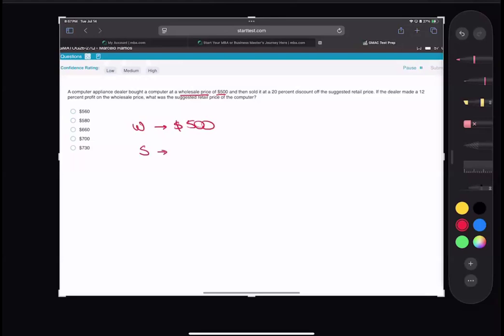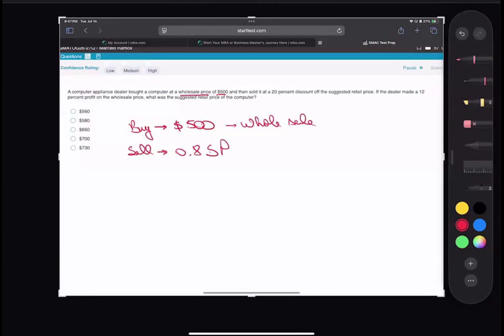The selling price was 80% of the suggested price. Okay?